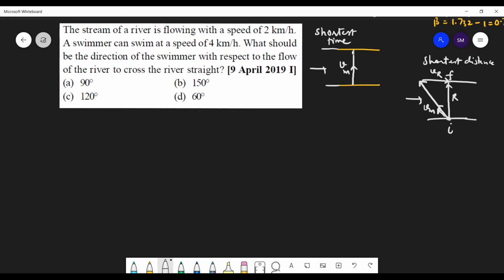Suppose this distance is d, the width of the river. So this distance is covered with the horizontal velocity. So always remember, horizontal distances are covered with horizontal velocity and vertical distances are covered with the velocity in that direction.